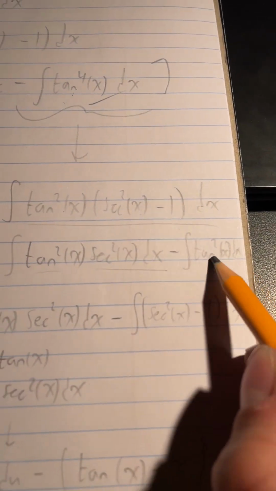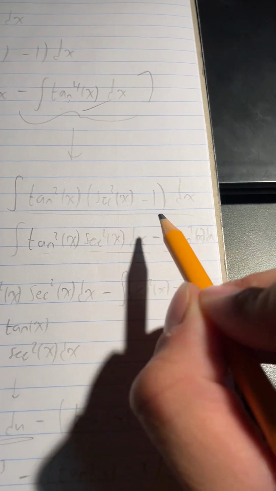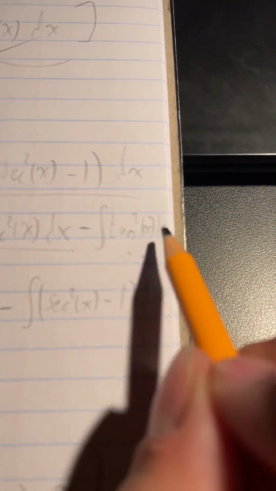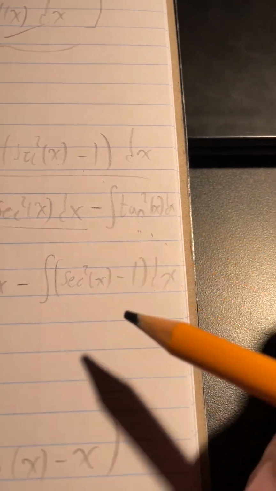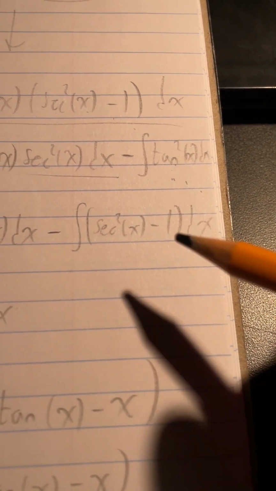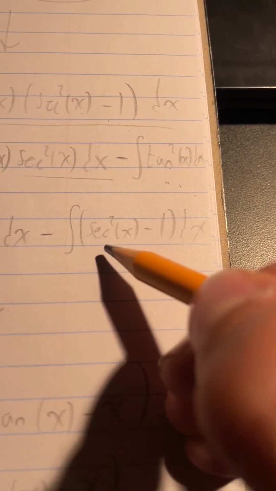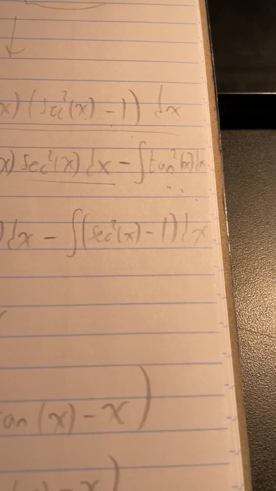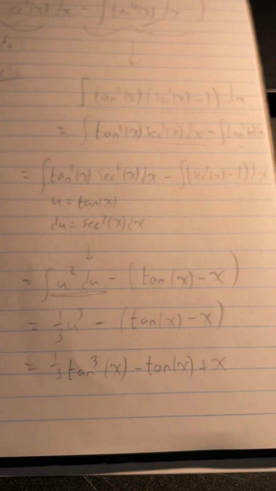What about this one over here? This one came from distributing the minus 1. So that one, the integral of tangent squared x: just use the identity again. We know tangent squared is secant squared x minus 1. Can we compute this integral? Yeah, we can, because what is the antiderivative of secant squared? We already know that's tangent. So this one can be done right away.